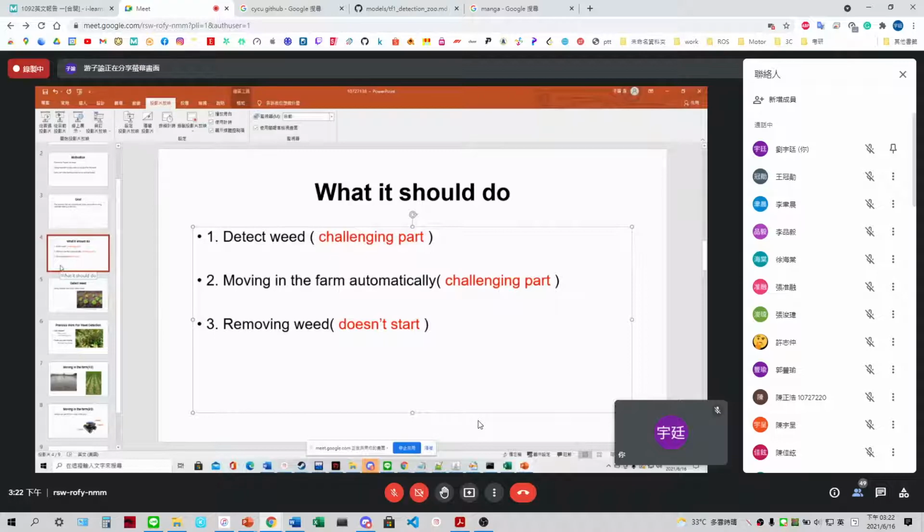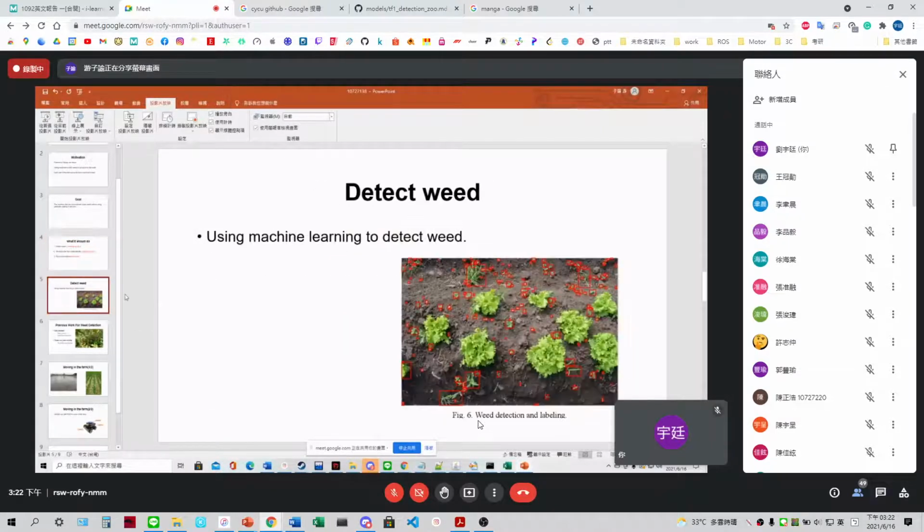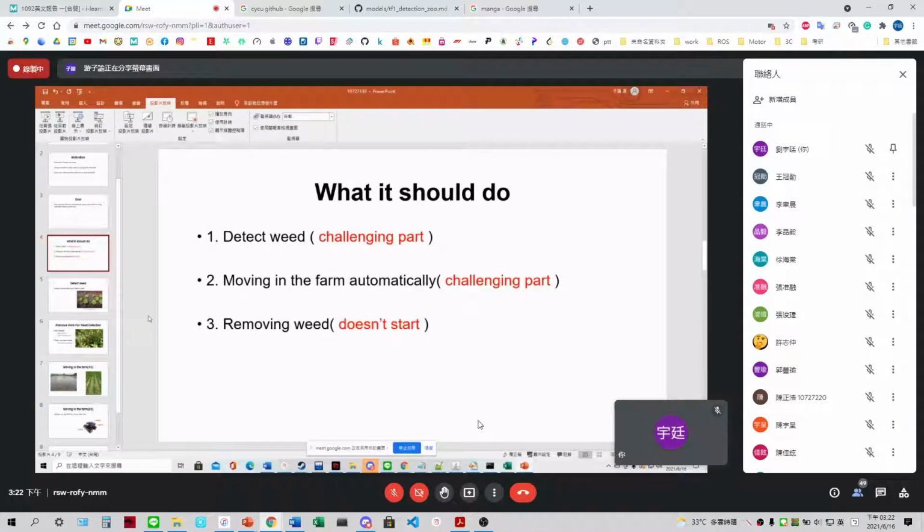So we will take data sets each month to make sure that the deep learning can recognize the corn at each time. Okay. Thank you.